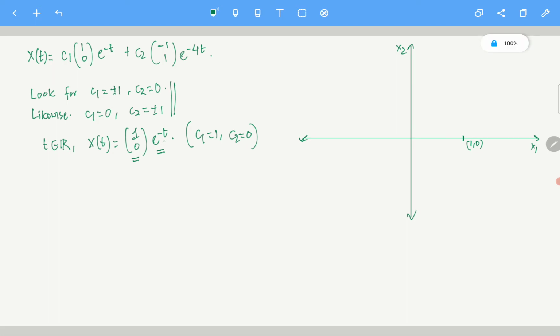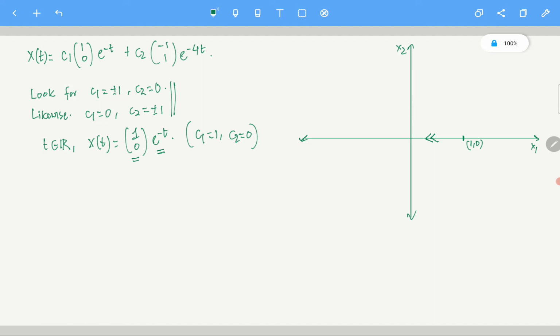As t goes from 0 to infinity, it goes towards e power minus infinity, which goes towards 0. So this solution moves towards 0. I hope this is clear. The one solution is on the x1 axis.